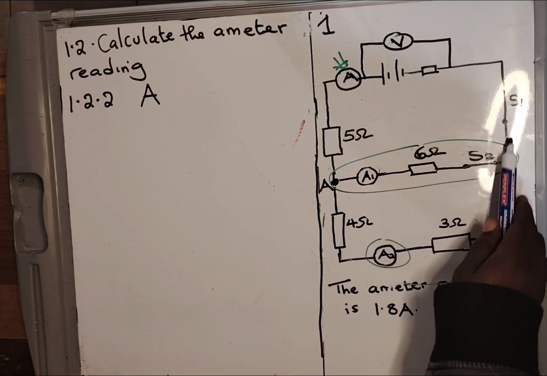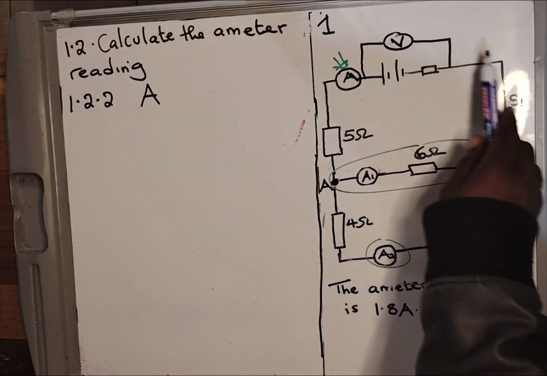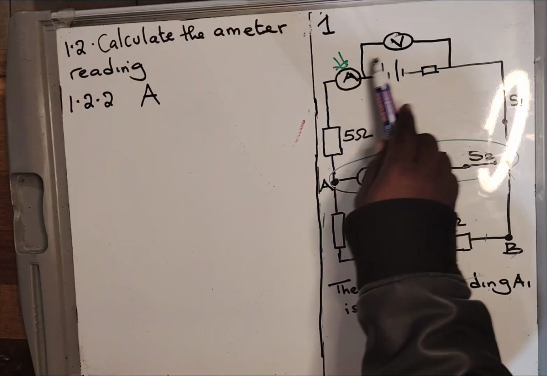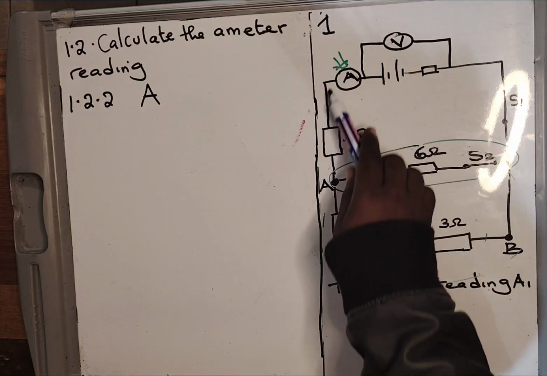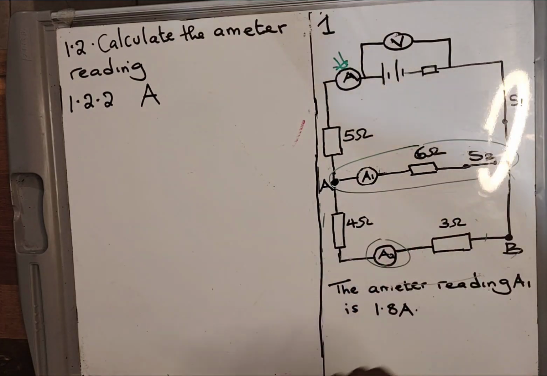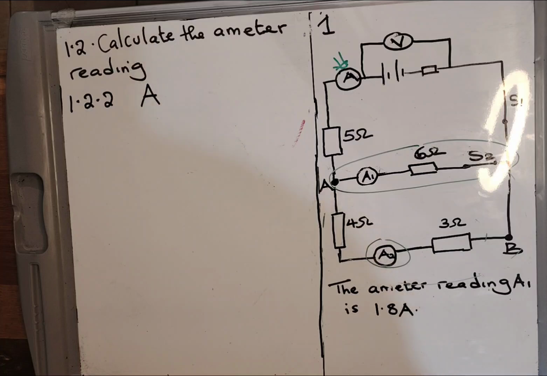So from here up to here, that's the main body of the circuit. And any ammeter put in this part of the circuit will read total current. So in other words, what the question is indirectly asking for is the total current going through this part of the circuit, going through the battery as well.